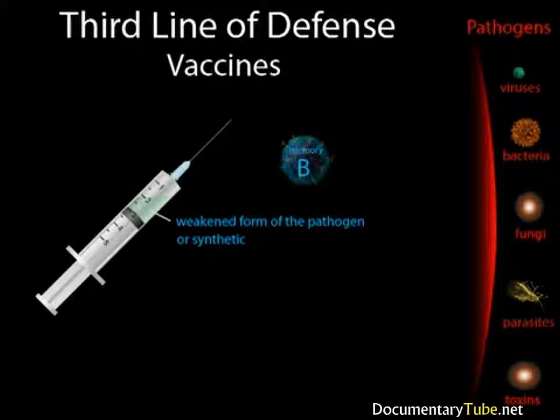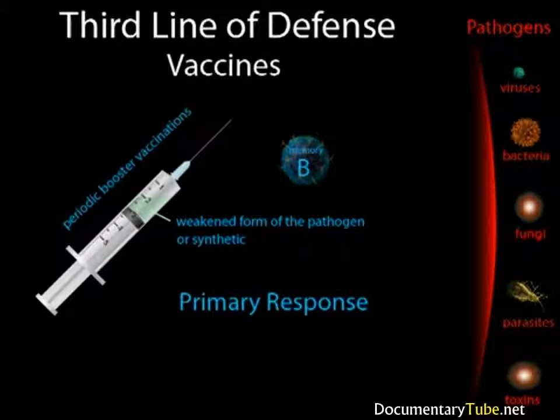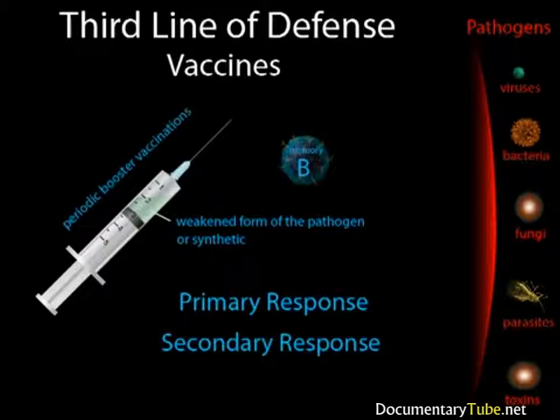Thus, some vaccines require a booster to boost the memory of the infection. When the body is first exposed to a pathogen, the B cells will produce a primary response. This response fights the infection and produces memory B cells. The memory B cells will then produce secondary responses if the pathogen infects the body again.